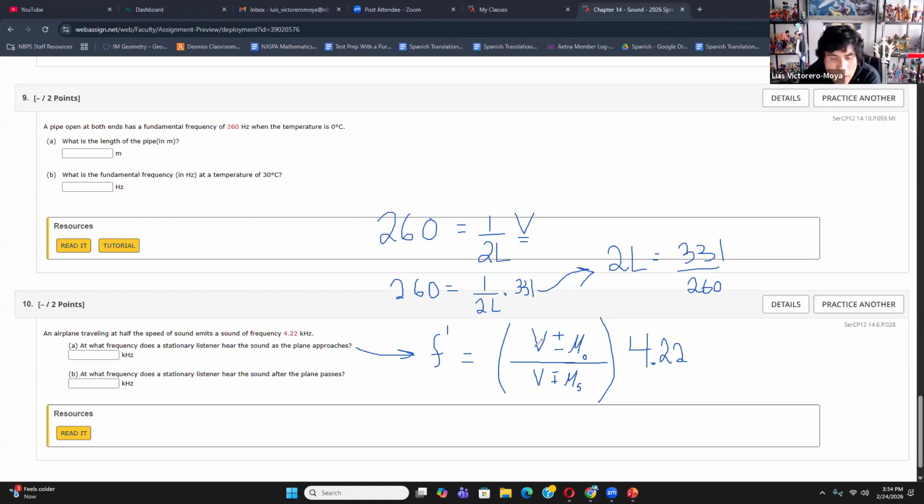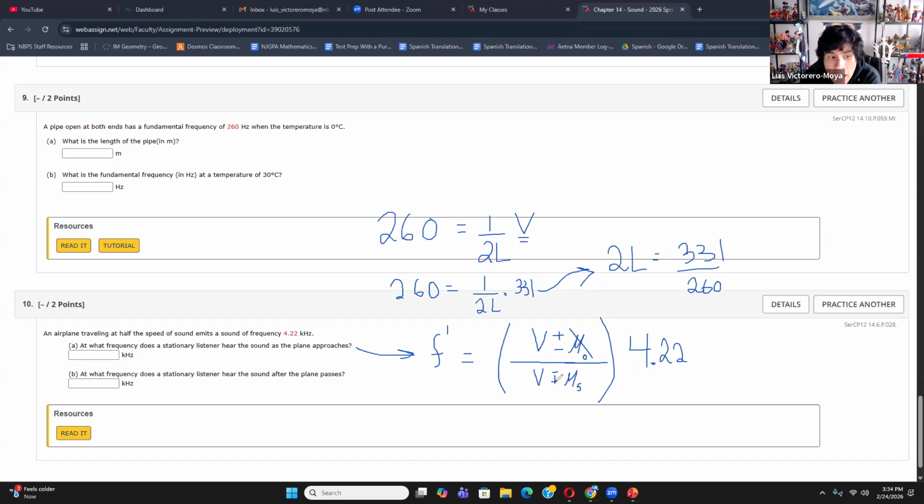v will be the speed of sound. Plus or minus is the u observer, but the observer is stationary, so this is 0. v is the speed of sound. Which one do you use, minus or plus?